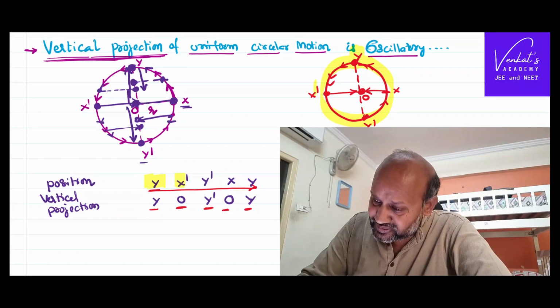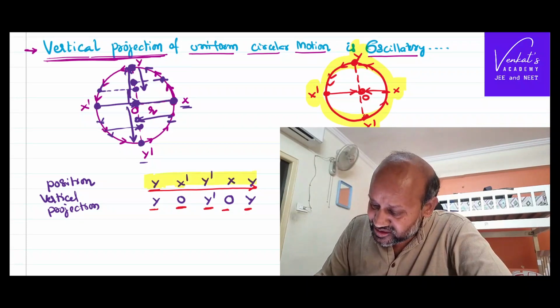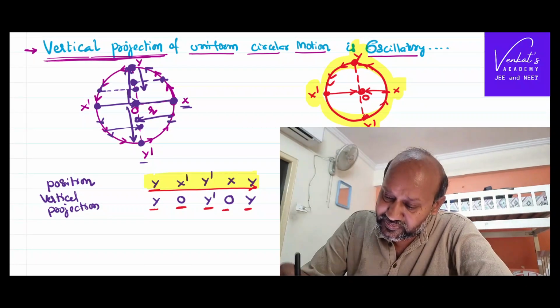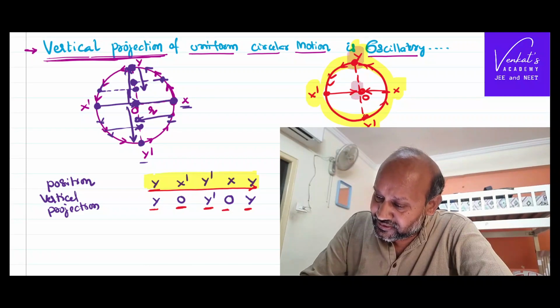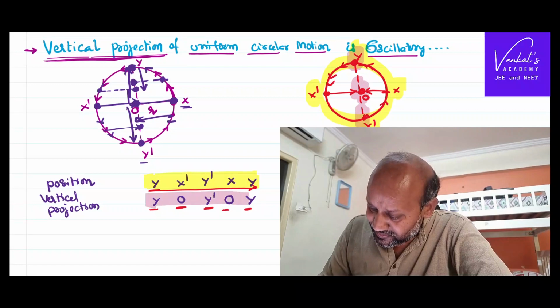Then we came to x dash, then you go to y dash, then you go to x, and then you go to y. That's one rotation of a uniform circular motion. See how the vertical projection has moved. It has moved from y, then come to O, then come to y dash, then again to O, then again to y. See, this way.